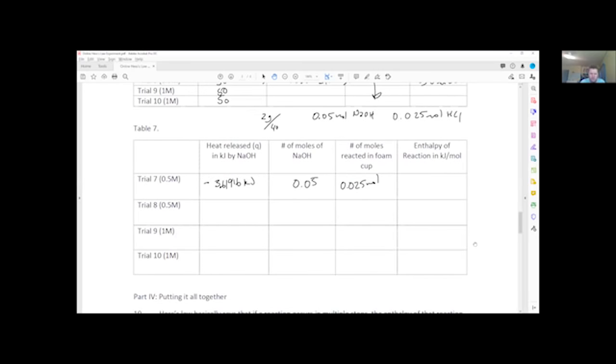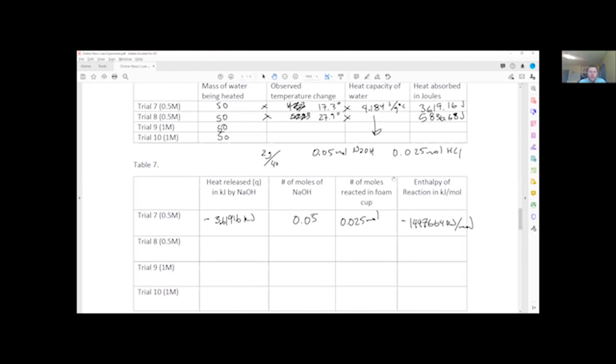We're going to get to that in just a moment, but what I can write right now is that this enthalpy of reaction is negative 144.766. But keep in mind that that number is reflective of both the heat produced by the dissociation of some of the sodium hydroxide, as well as the neutralization.